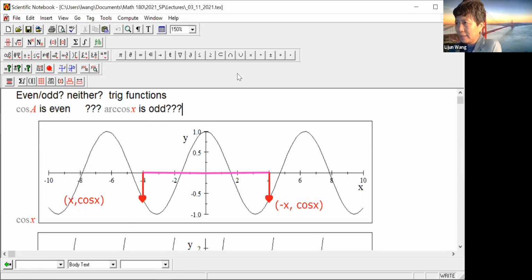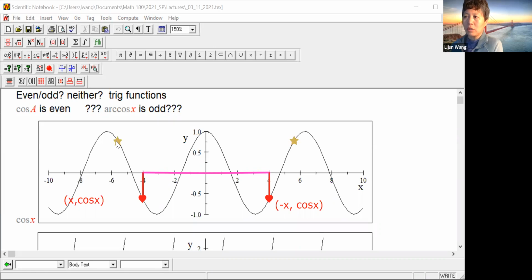So do you see that every point on the curve, whenever you have a point on this side, you have another point opposite on the other side? They're symmetrical.